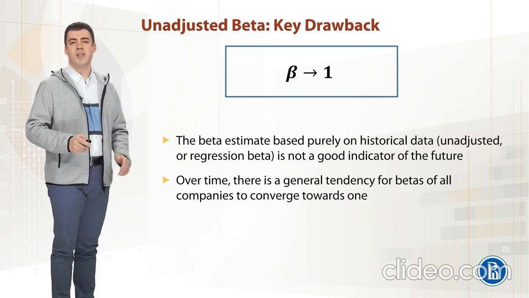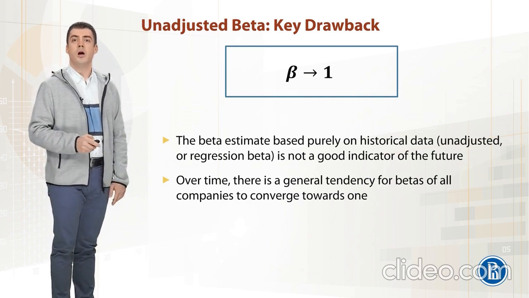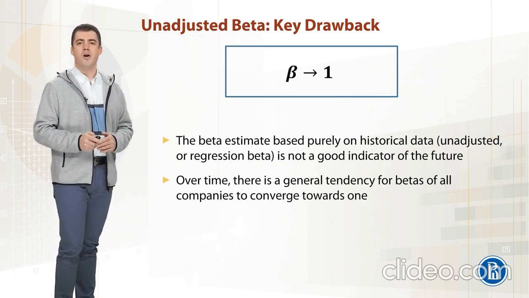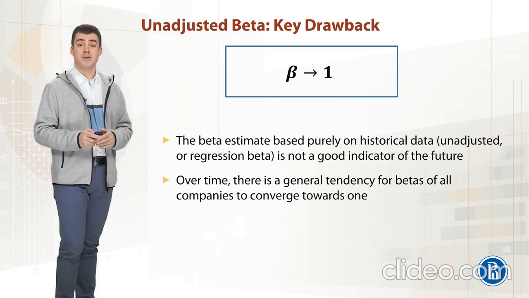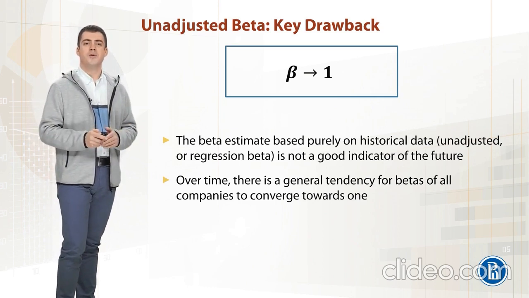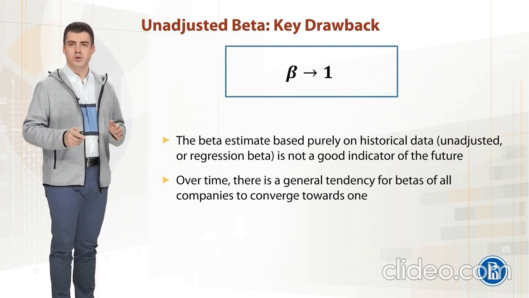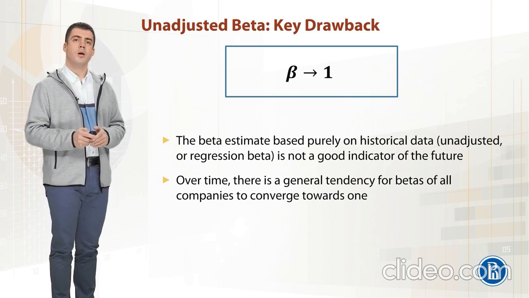The thing is that the beta estimate based purely on historical data, also known as the unadjusted beta, is not a good indicator of the future. As a consequence of different choices in the time period used, intervalling effect and market index, different services adjust their regression betas towards one and use the adjusted beta to calculate the expected return.